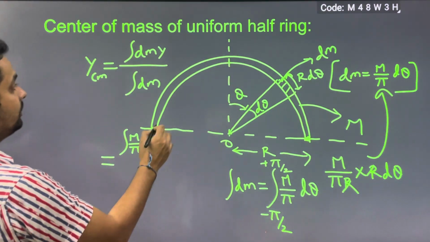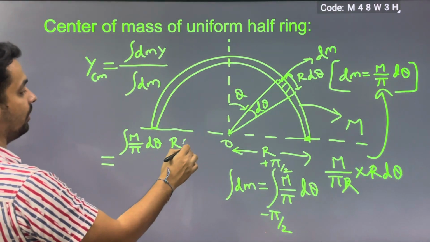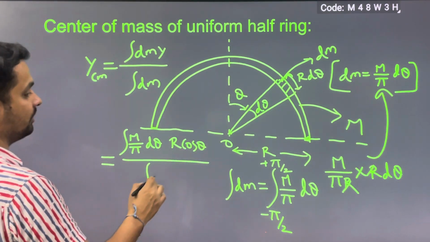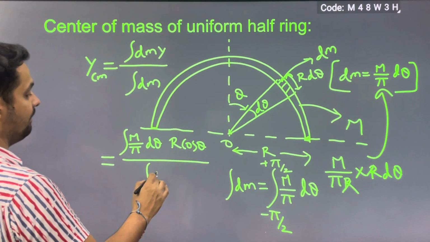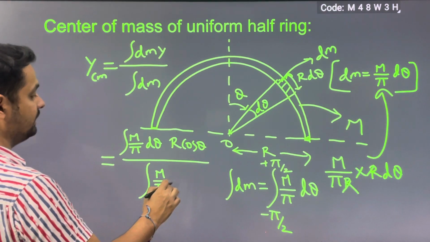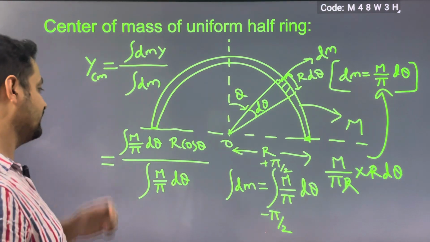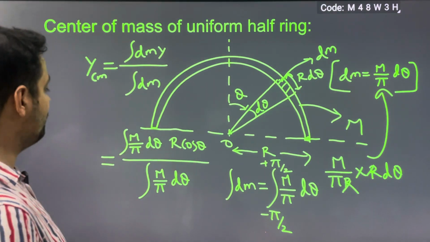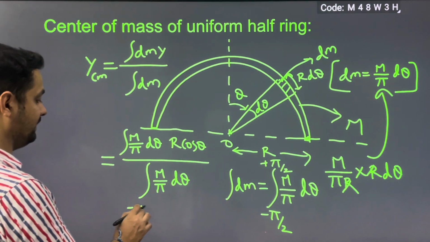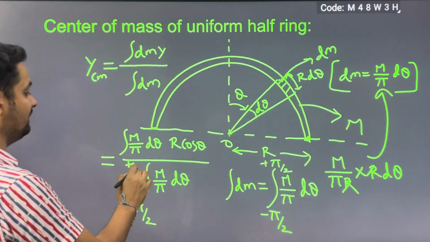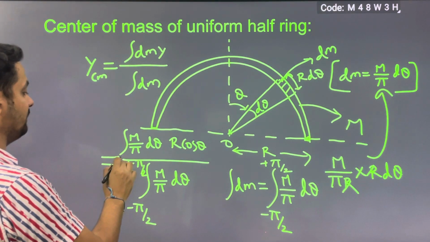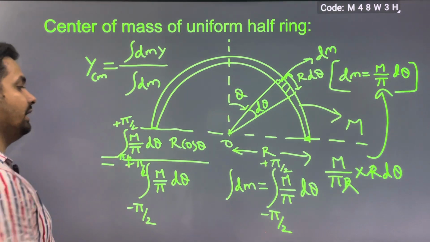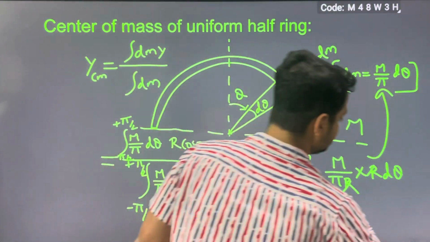So the y coordinate is integration of R cos theta dm divided by the same integration of dm, that is M by pi d theta. Correct? Now our objective is to integrate it, and the limit will be minus pi by 2 to plus pi by 2. Correct? So we will integrate this.